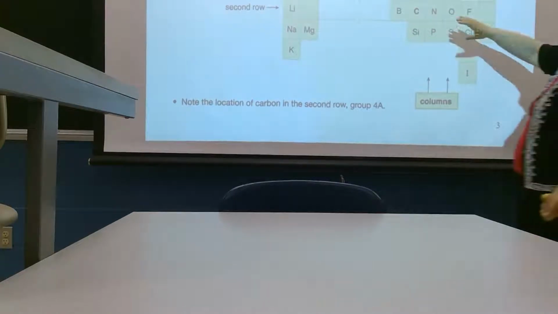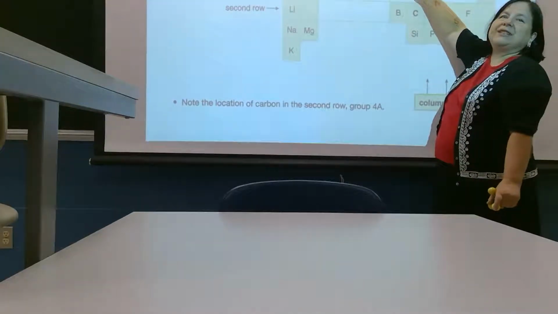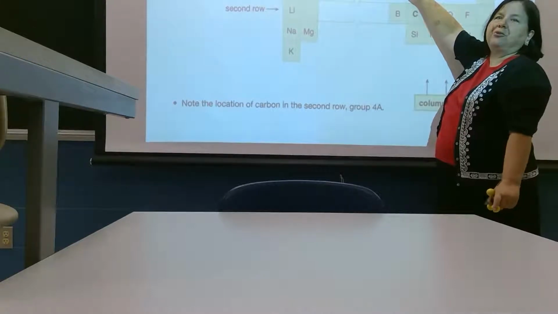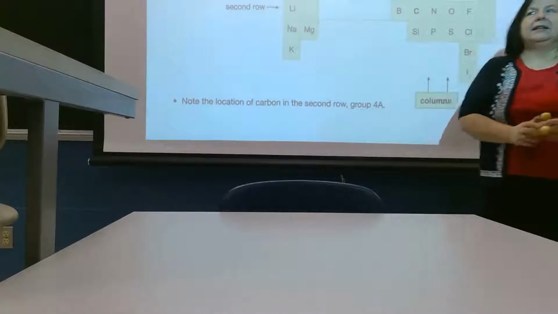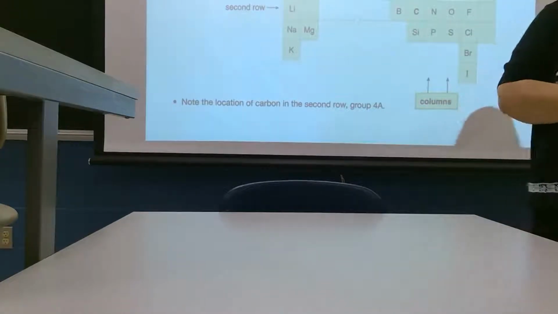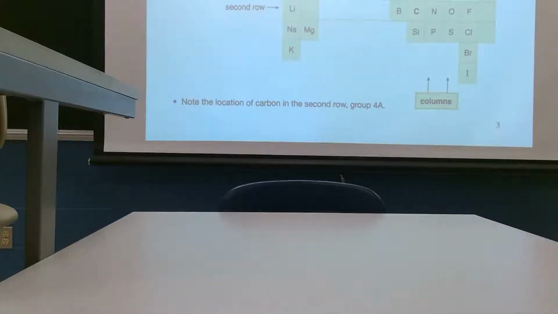So the group number is 4, what does this mean? There are 4 valence electrons. Very good. So carbon has 4 valence electrons.